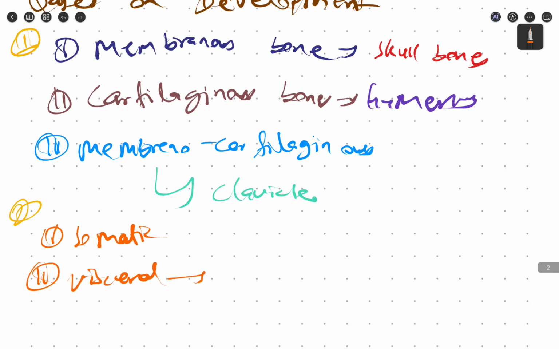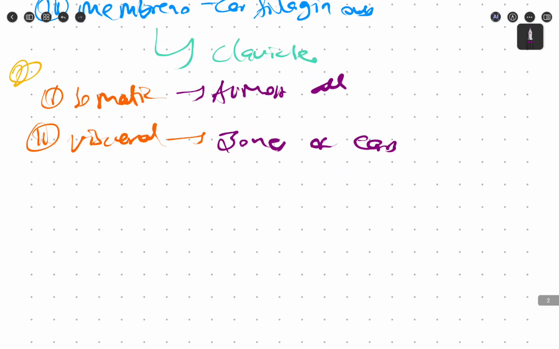If the bone develops in viscera, it is visceral bone, and if it develops in soma, it is somatic bone. Almost all bones are somatic in nature, but a few are visceral, for example the bones of the ears, and maybe some more.